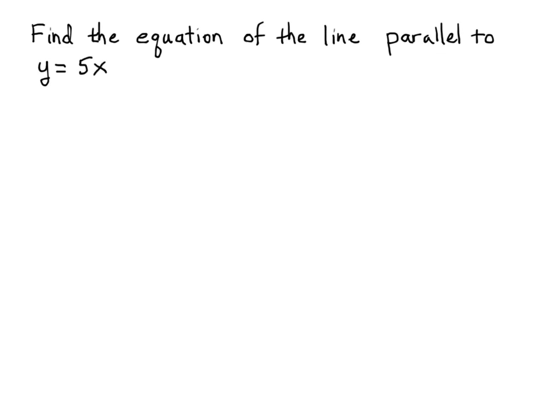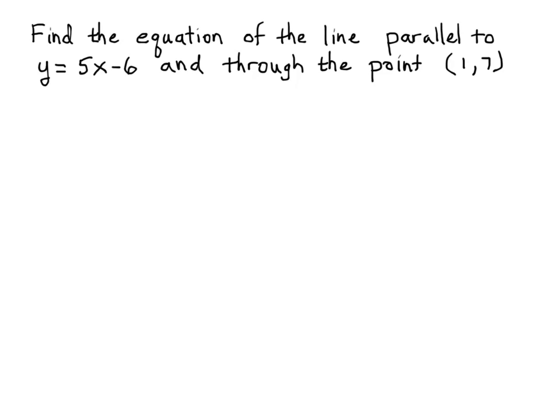Okay, so let's look at a few more variations of these kinds of problems. Let's say we have a line and we want to find the line parallel to a particular equation through a specific point. Now, if you recall, parallel lines have the same slope. And so when we have this in slope-intercept form, we can identify the slope right away.